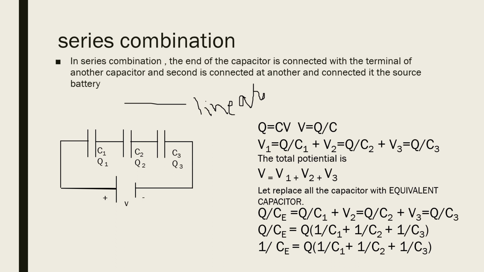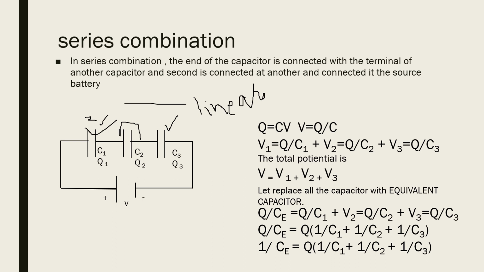But here the charge stored in all the capacitors is equal, but the potential is different, because the potential here would be different from the potential here, and the potential here would be different from the potential here. So the potential difference is different but the charges are the same.